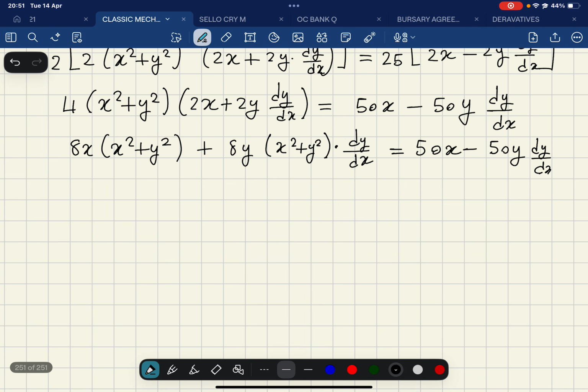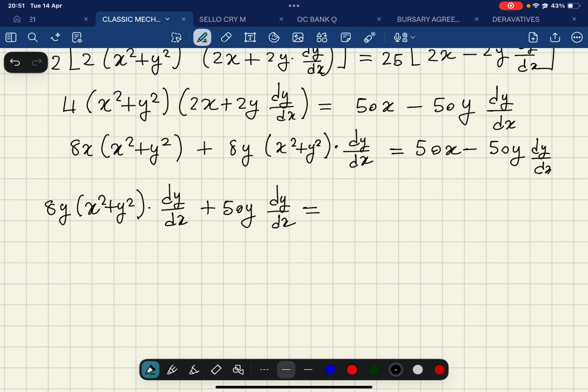So I group the things there, which means I will have 8y into x squared plus y squared. Then I have the dy over the dx plus 50y. Then I still have the dy over the dx, which is equal to, I take that one on the right hand side, which is going to be 50x plus 8x into x squared plus y squared.